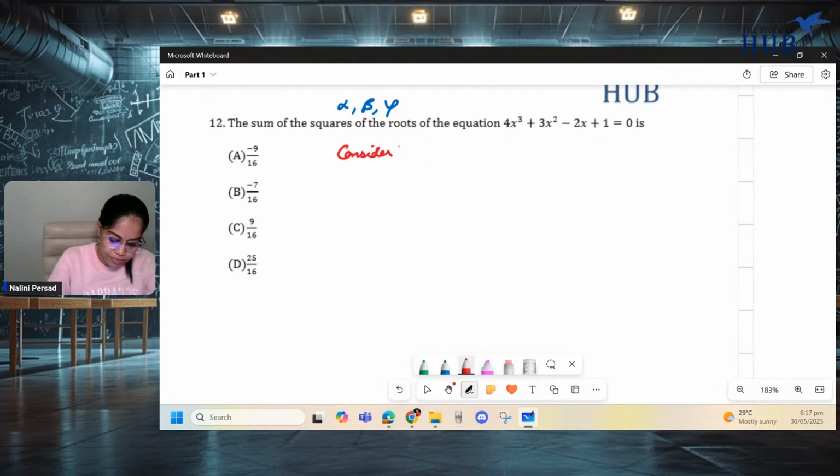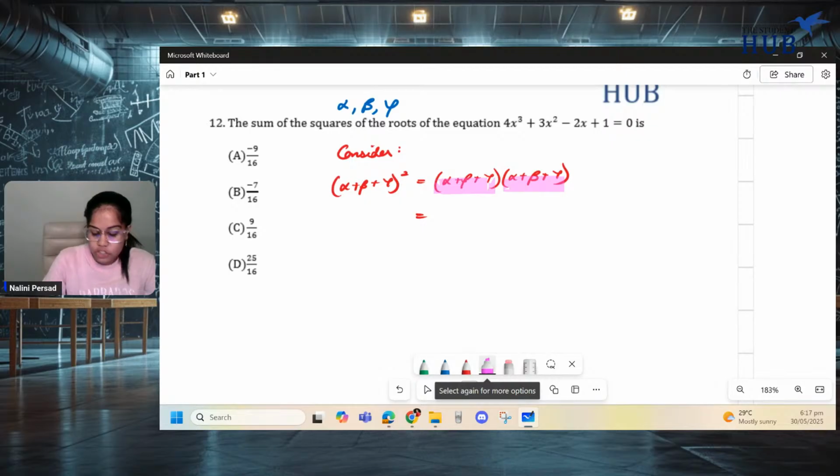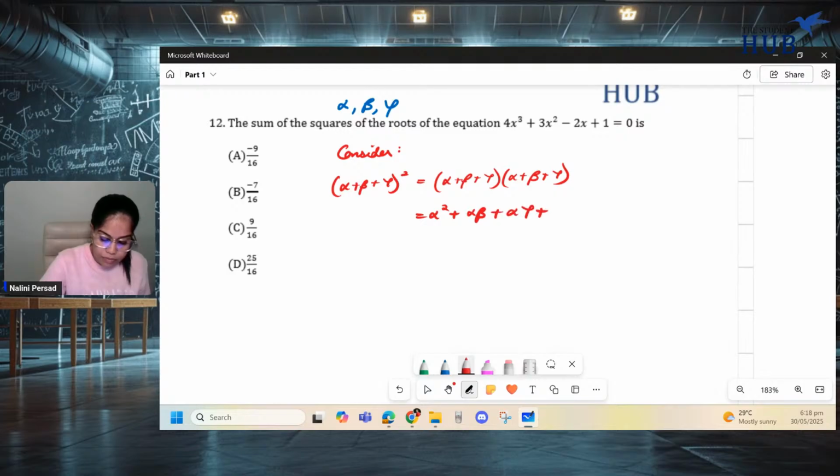Consider alpha plus beta plus gamma all squared. If I square it, I'm supposed to get the sum of squares somewhere, right? So I'm going to take alpha plus beta plus gamma and multiply it by itself. I am multiplying 3 terms by 3 terms. 3 times 3 is 9 terms. You're taking your time and distributing alpha multiplied by each of those terms: alpha squared plus alpha beta plus alpha gamma.